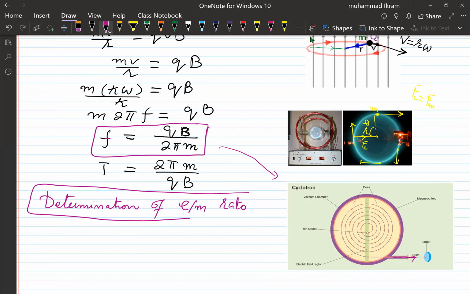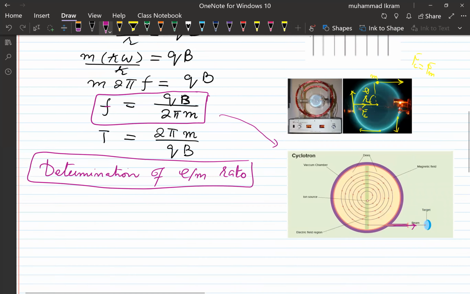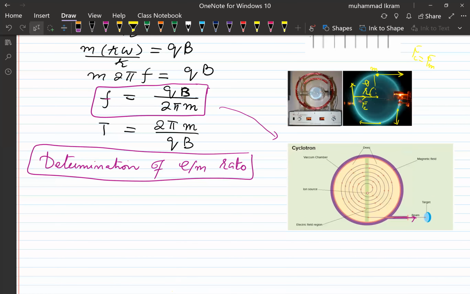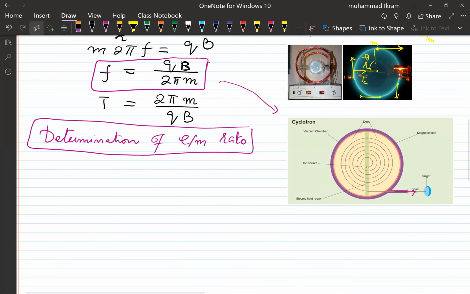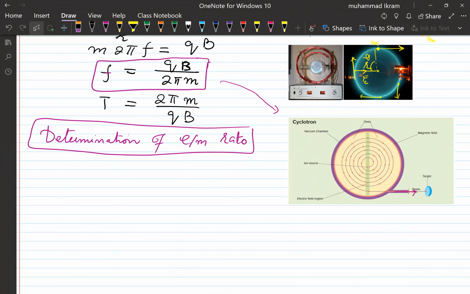We can use this relationship to determine the E by M ratio. Once I derive the E by M ratio for you, then I will tell you the importance of the E by M ratio, which in your book is lacking, that is, why we need the E by M ratio or why it is so important.